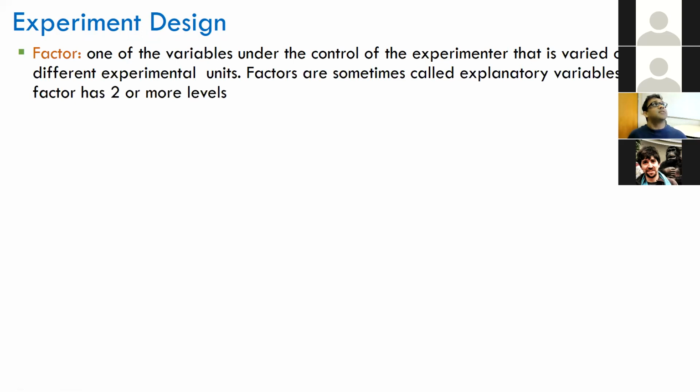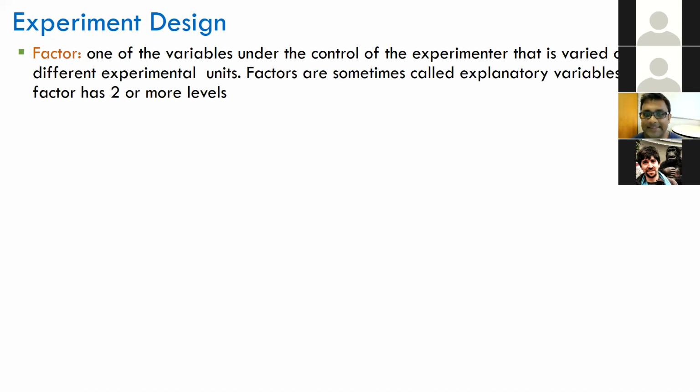One is called a factor, right? Factors are important because when you run a statistical analysis, most of the time you get asked: what's your factor? How many factors do you have? What are the levels of the factor? So these three terms are really important.